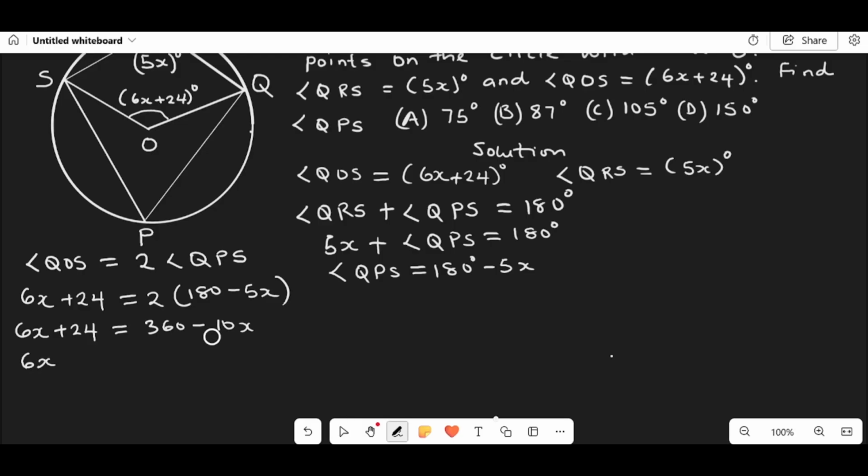Let us collect like terms. 6x, and if you bring minus 10x to the left hand side, the negative will change to positive, plus 10x equal to 360, and let us bring 24 to the right hand side, and the positive sign will change to negative. Minus 24.